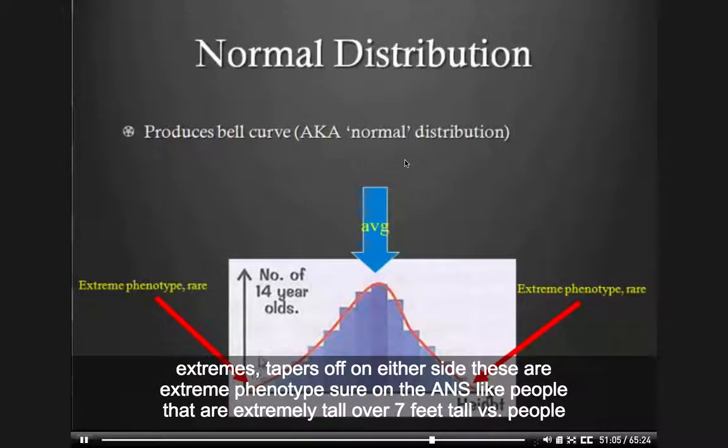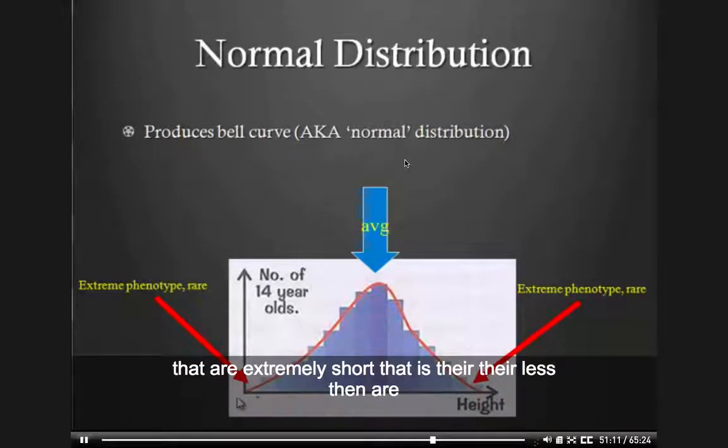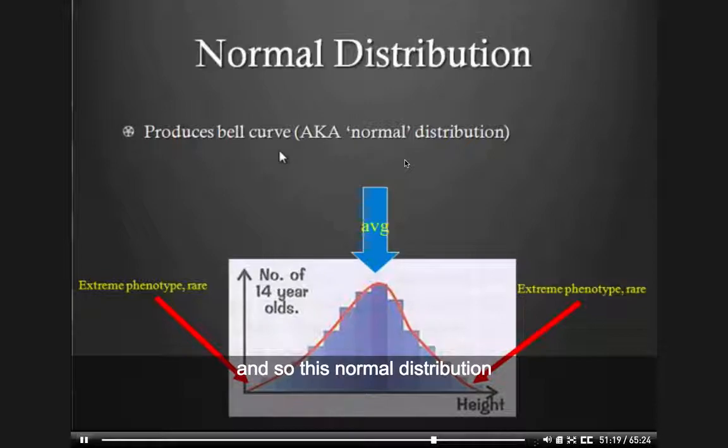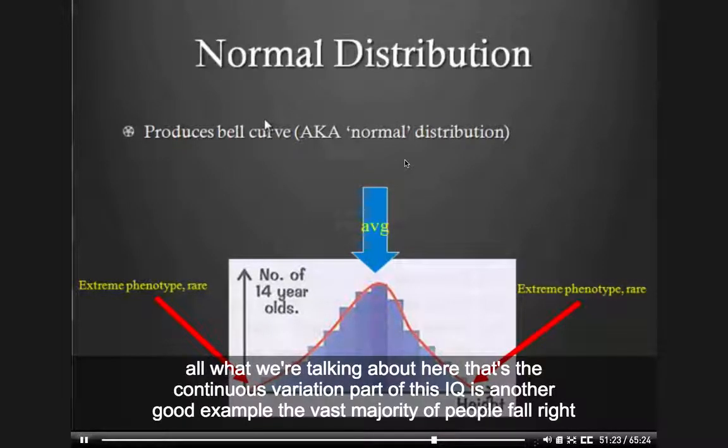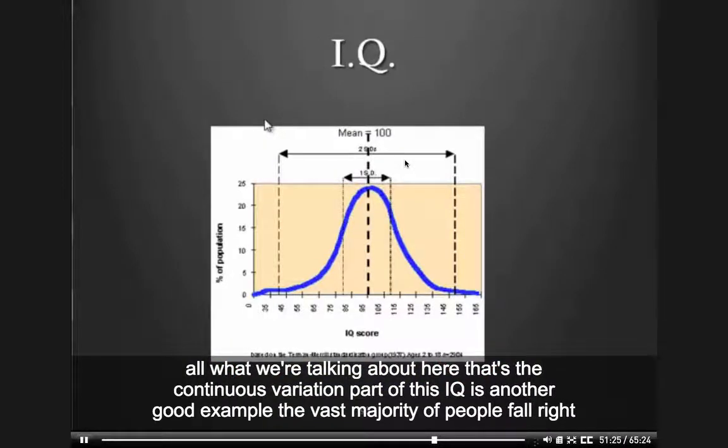These are extreme phenotypes here on the ends, like people that are extremely tall, over 7 feet tall, versus people that are extremely short. That is, they're less than 4.5 feet tall, let's say. And so this normal distribution is pretty much what we're talking about here. That's the continuous variation part of this.